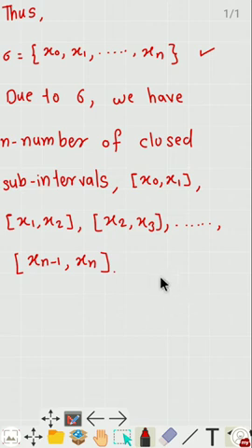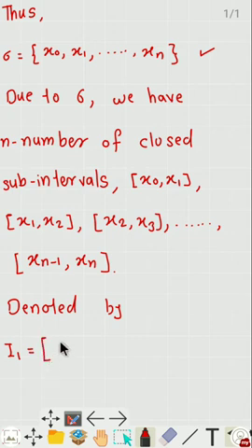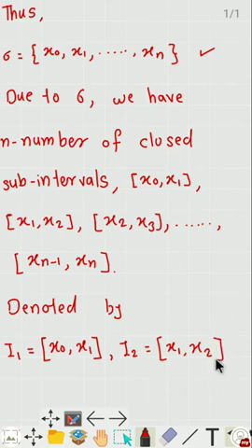Okay, and these subintervals are denoted by I1 is equal to x0 comma x1, I2 is equal to x1 comma x2, dot dot dot, and finally we denote In is equal to xn minus 1 comma xn.